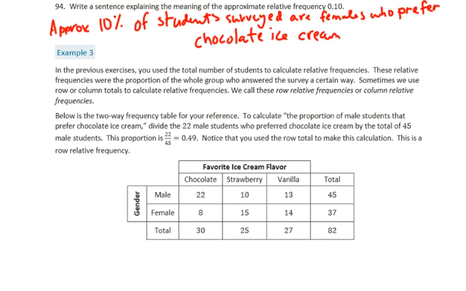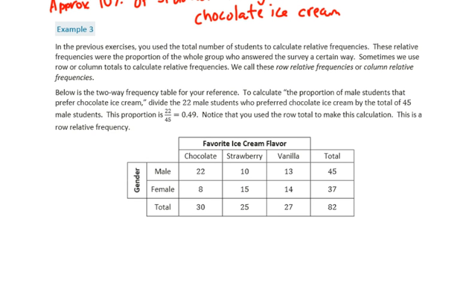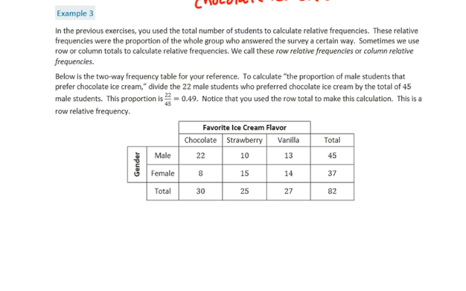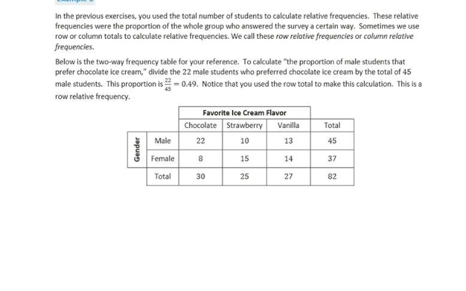Example 3, we use the total number of students to calculate the relative frequency. Sometimes we can use a row or column to calculate relative frequencies. So these are called row relative frequencies, meaning you're going across and comparing. Column relative frequencies means you're going down the column.